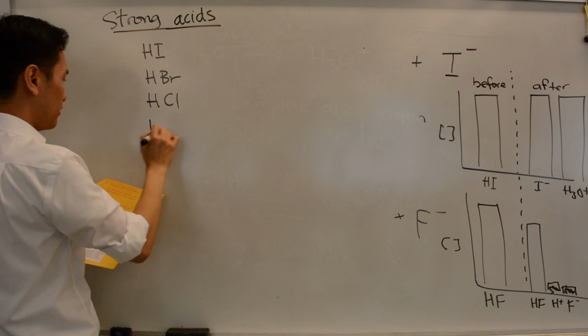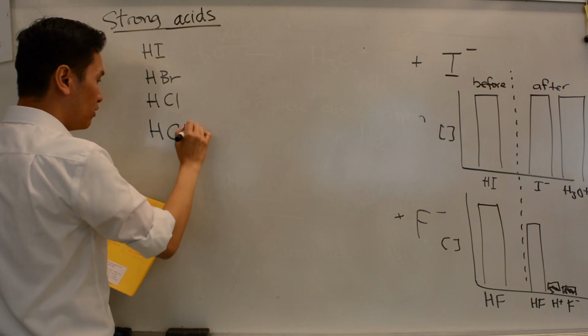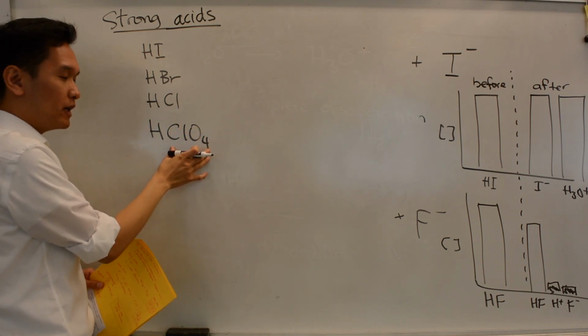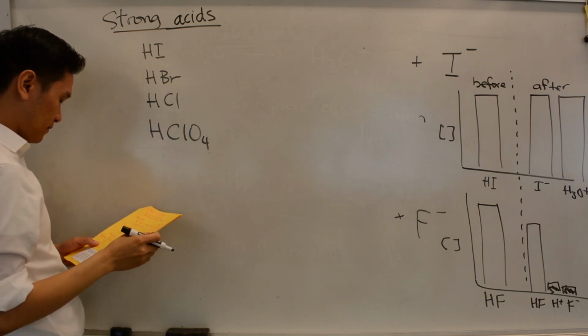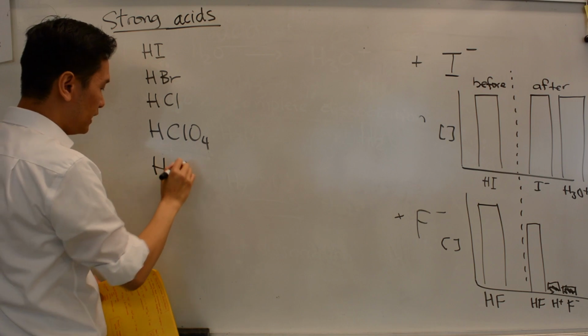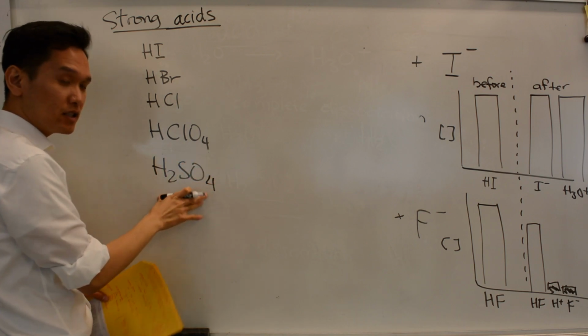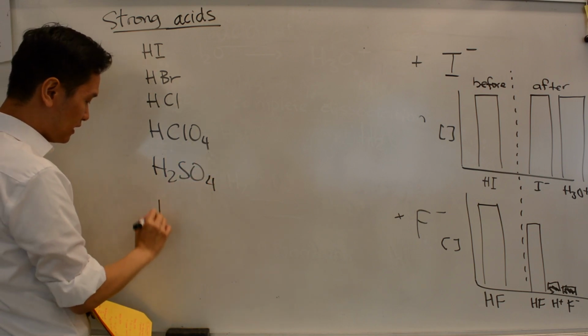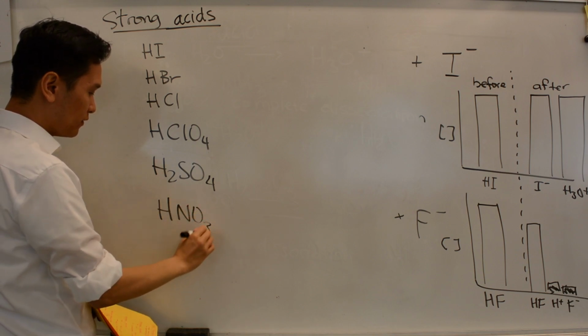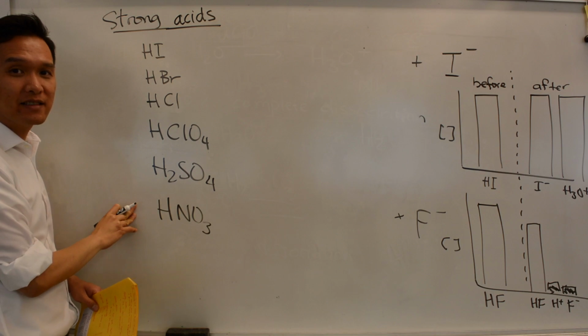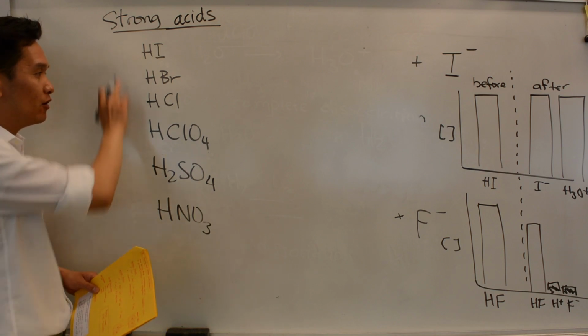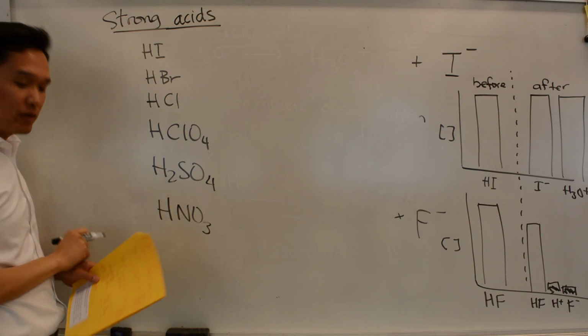And then there's this funky one, HClO4, which is a polyatomic perchlorate. So this is perchloric acid. And then you have H2SO4. Do you know what this one is? Sulfuric acid. What about HNO3? Nitric acid. These are your 6 strong acids. So know these, and the rest of your acids are weak acids.